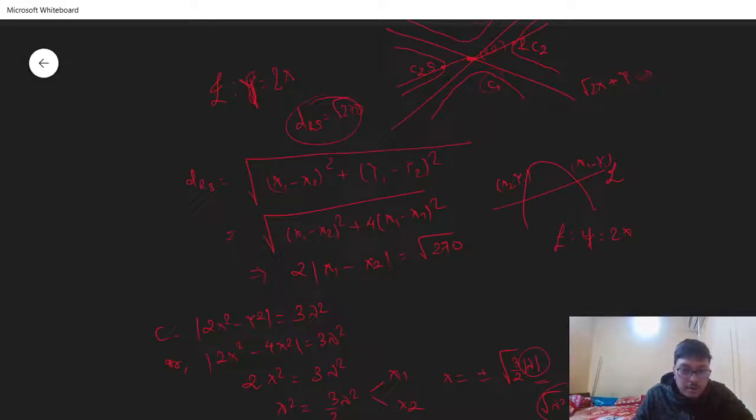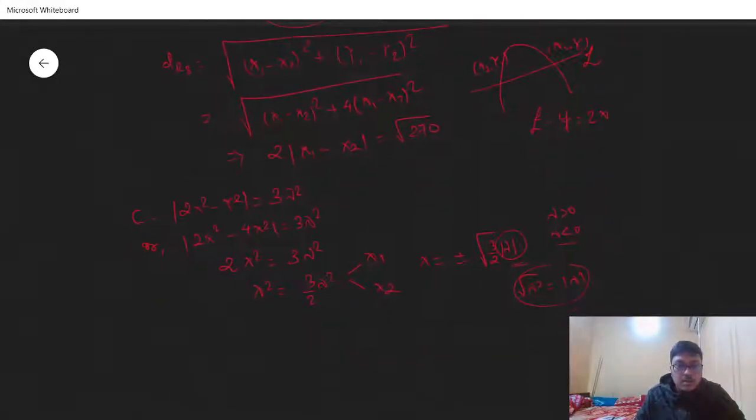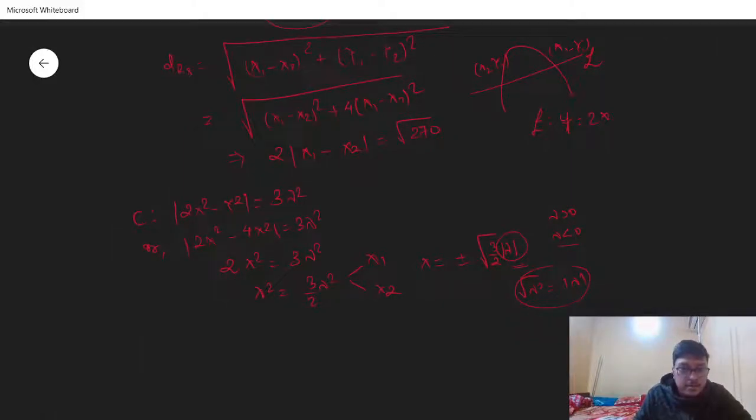So we'd get x1 minus x2 is 2 into root 3 by 2 mod lambda.